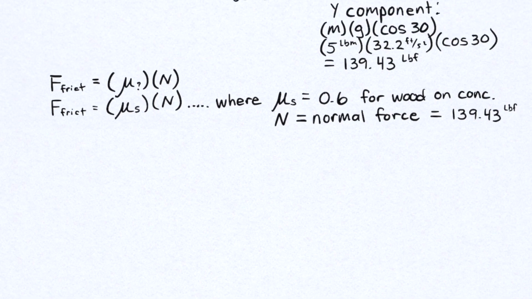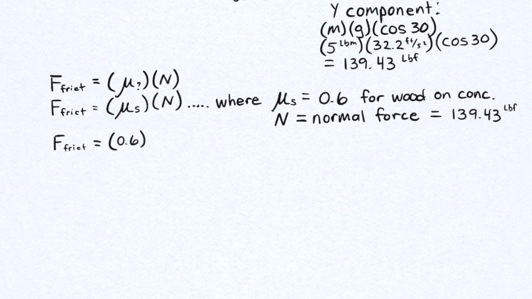So we know what mu s is and we know what N is. Therefore, we can solve this equation. We just have to plug it in. So F friction equals mu s, which is 0.6. By the way, these mu values are unitless.